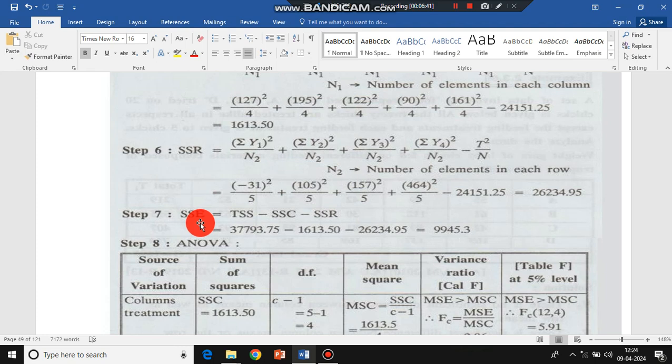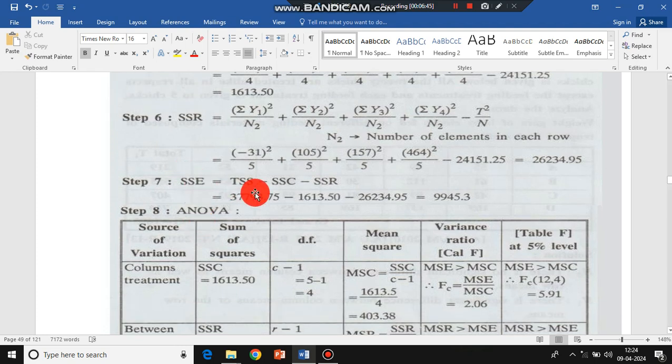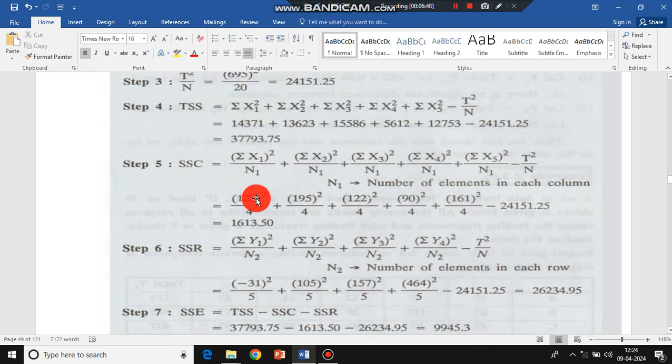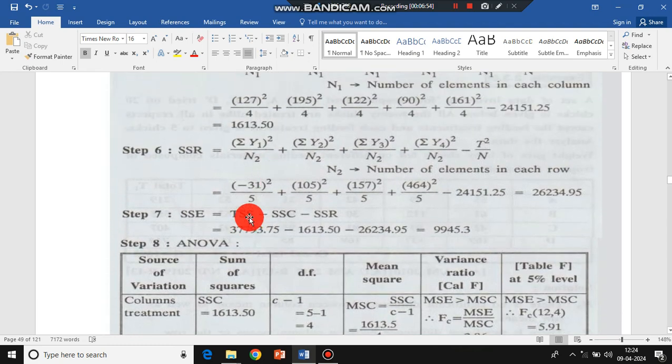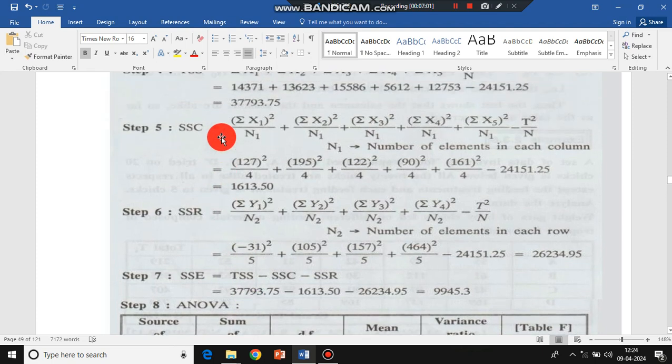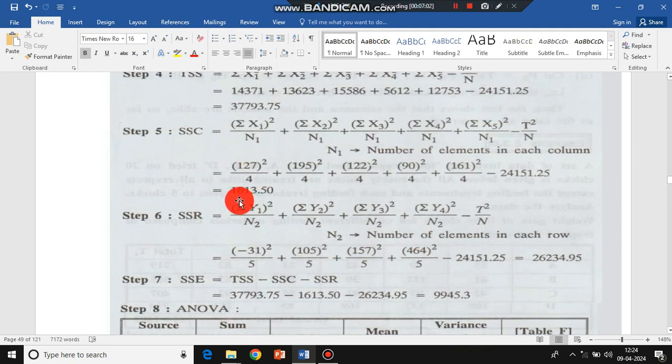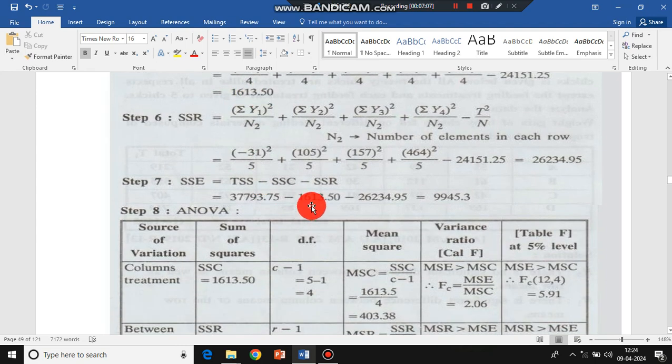Okay, right. Now let us substitute the values here. TSS, how much? 37,793.75. What is SSC? 1,613.50. And what is SSR?